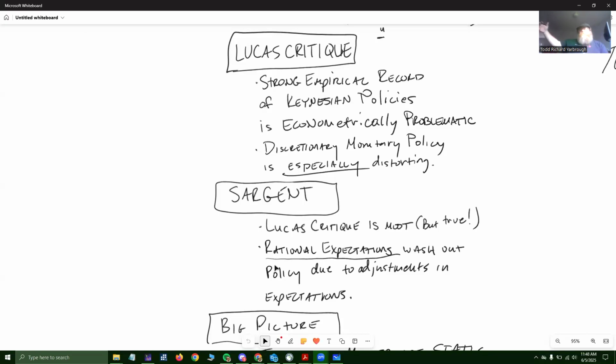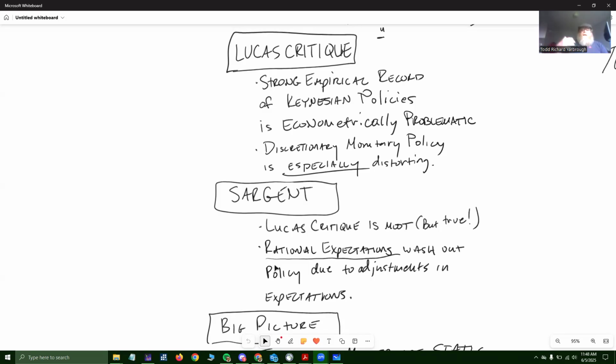Remember that in Phillips' initial paper, he only looked at data from the United Kingdom. Now, he did look at that data over a very, very long time period. And when that same kind of econometric method was applied to U.S. data, a very similar relationship was found.